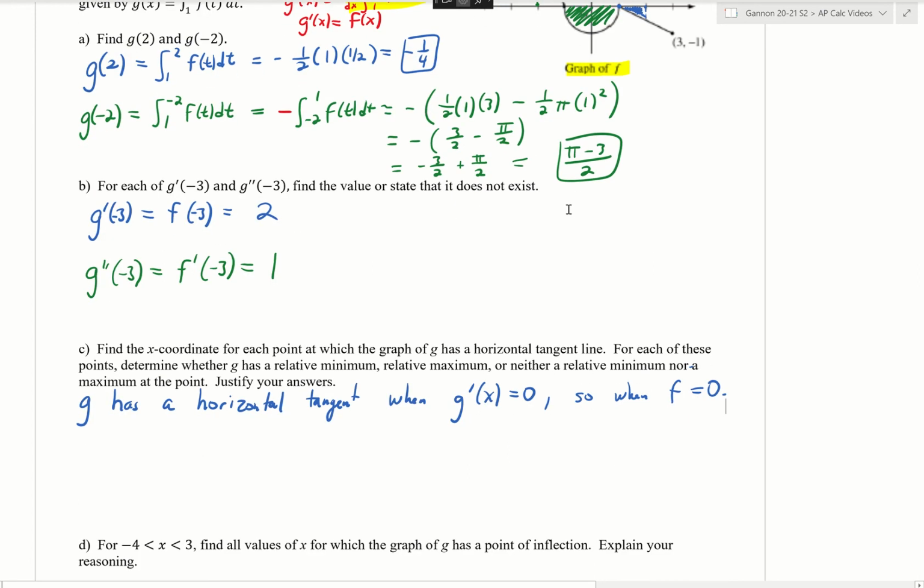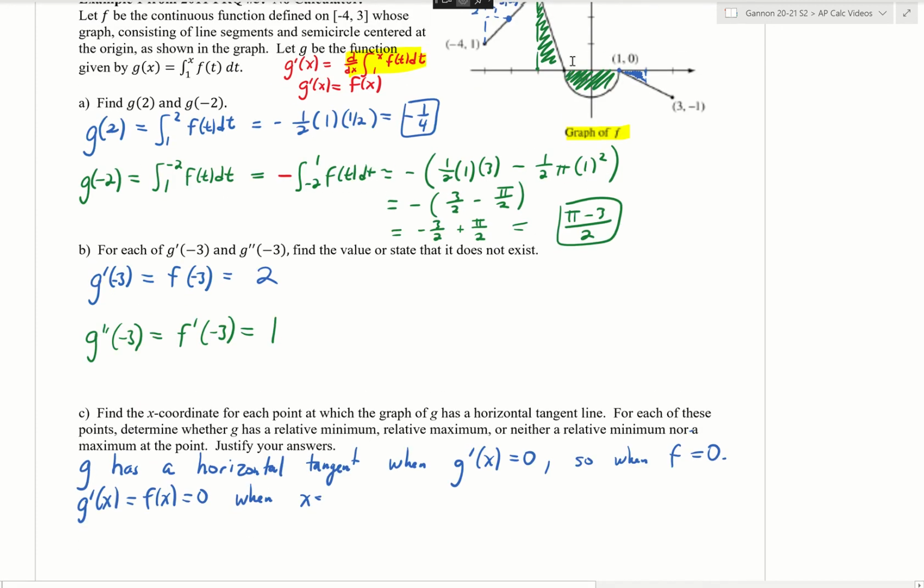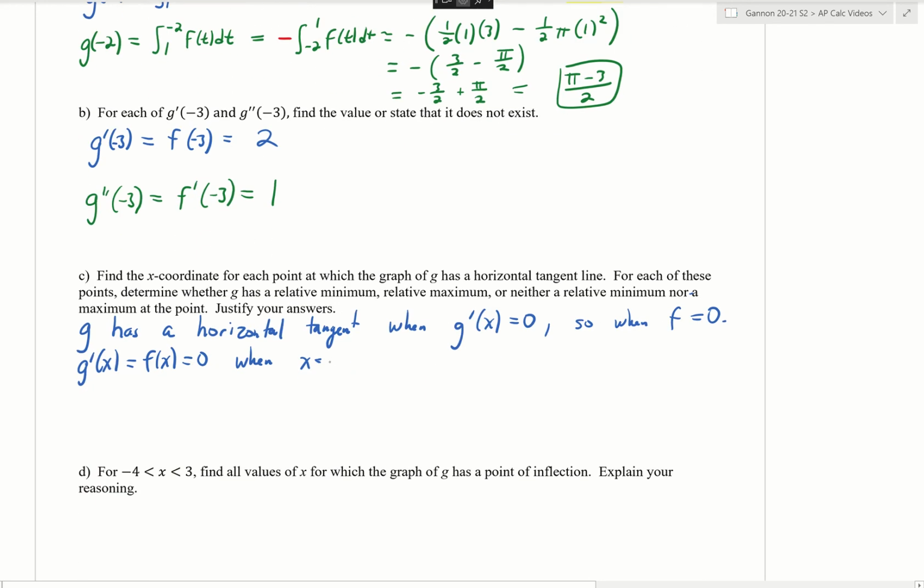So we could say that g prime of x, which is equal to f of x, is equal to 0 when x equals, well, all we've got to do is look at the graph and see that it's at negative 1 and positive 1. So when x equals negative 1 and x equals positive 1.